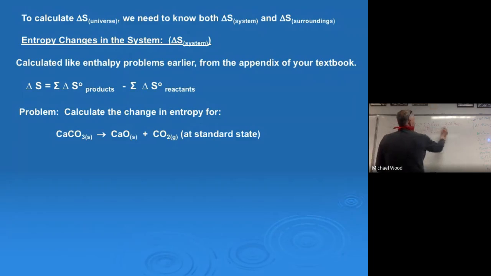And CO2 is again 1 mole, and it's 214 joules over Kelvin mole. So again, the moles cancel out. Okay, minus, and then I have 1 reactant, which is CaCO3. So I've got again 1 mole, and it is 93 joules over Kelvin mole. I keep saying kilojoules, but it's joules over Kelvin mole.